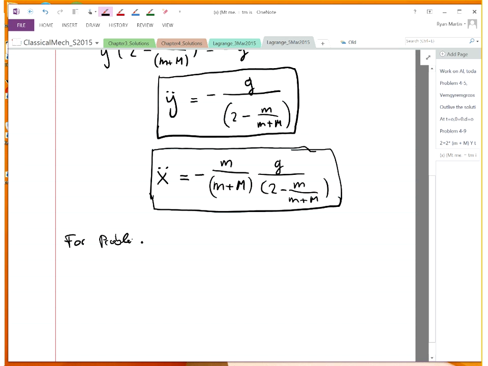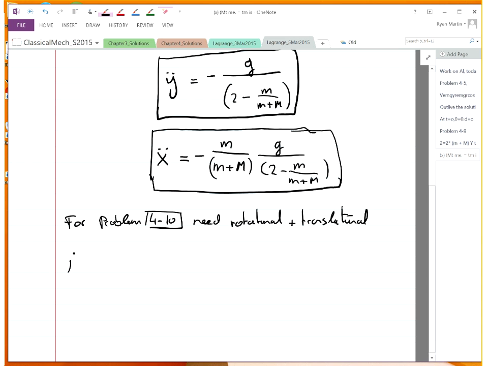So for problem 4.10, you need rotational plus translational kinetic energy.